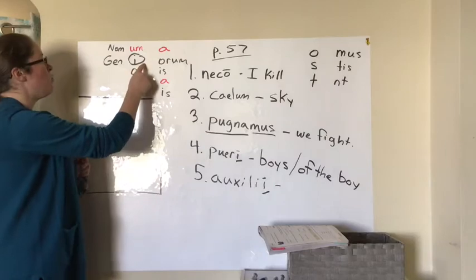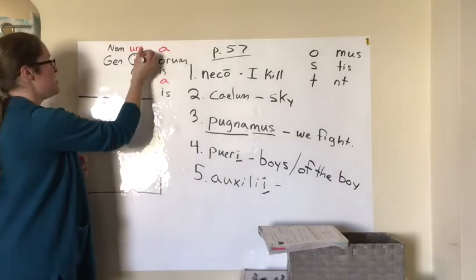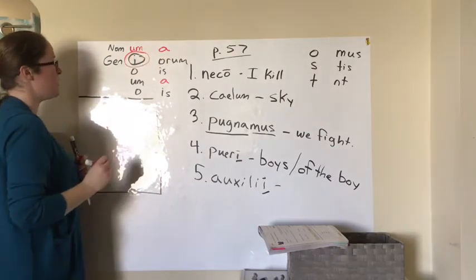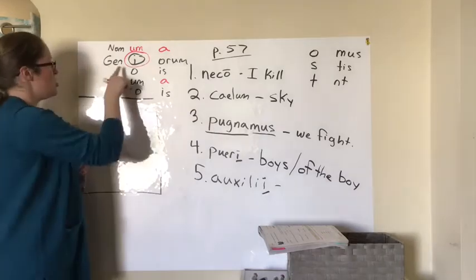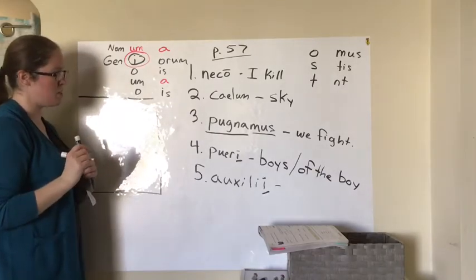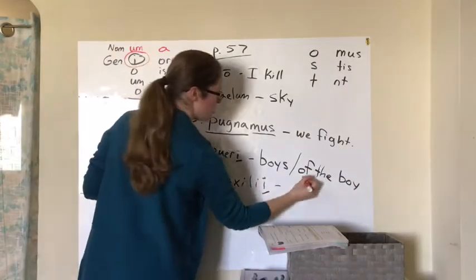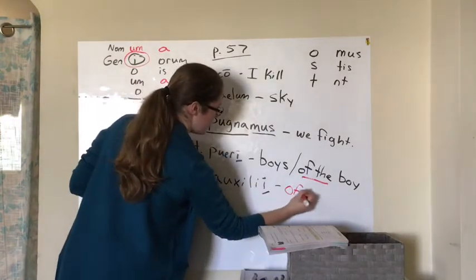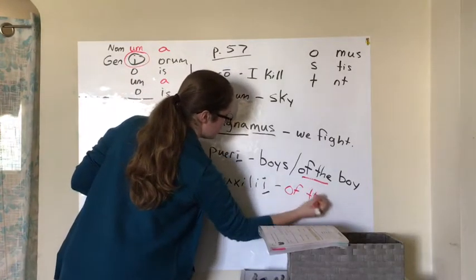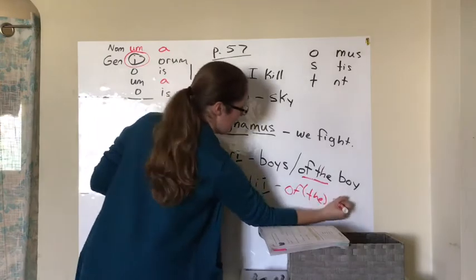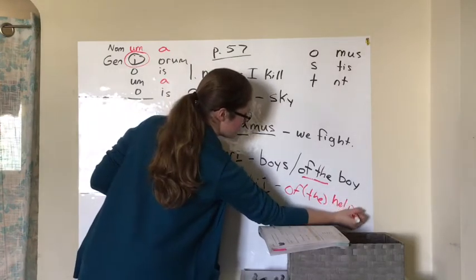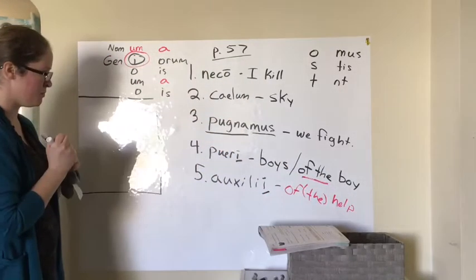We only have one because we erased our other one because it's neuter. So for the neuter, if it ends in I, it is definitely genitive singular. And how do we translate genitive singular? Of the, and the might or might not be there, help. So of help or of the help.